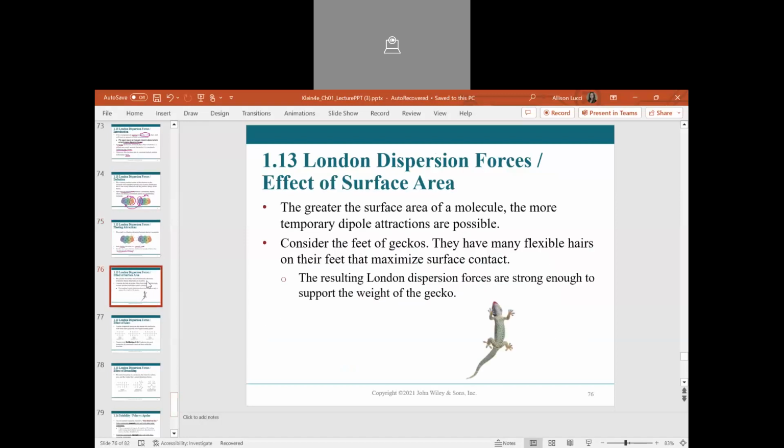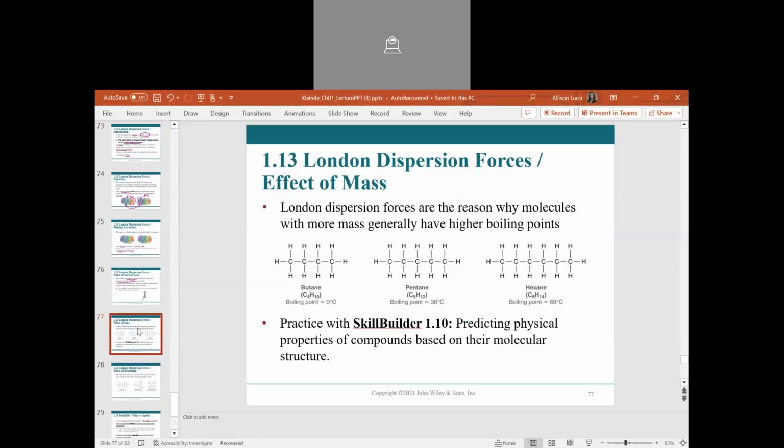And we'll look at one other effect of the greater the surface area of a molecule. So I was mentioning the larger hydrocarbons, the more of this London dispersion, these temporary dipoles that are possible. And there's a whole discussion in your textbook about gecko feet, if you want to check that out.